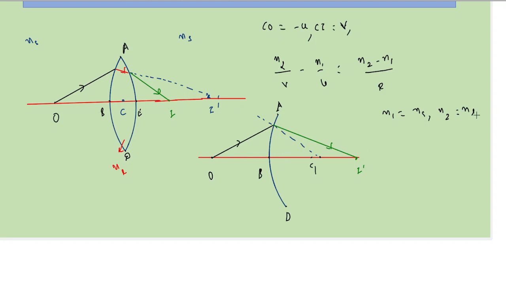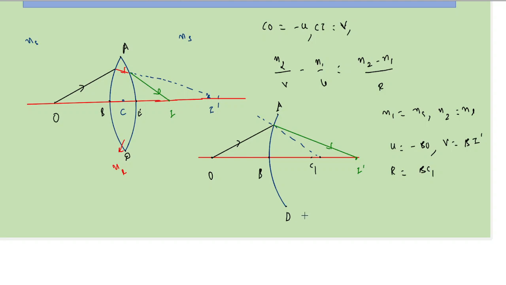It becomes NL for lens, and U here by sign convention would be, for the surface ABD, B would act like a pole. It will be minus of BO, and here in this case V would be BI dash by sign convention, and R in this case would be BC1.